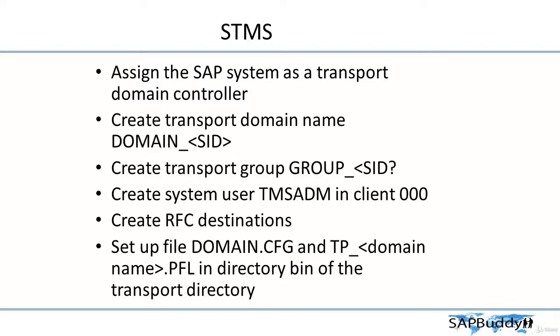We've seen this before. These two files will be created under this particular directory. In general, this is the file which saves all your TMS configuration, and it will also create the transport domain name, DOMAIN_SID, assuming that the system where you are configuring STMS initially is the domain controller.